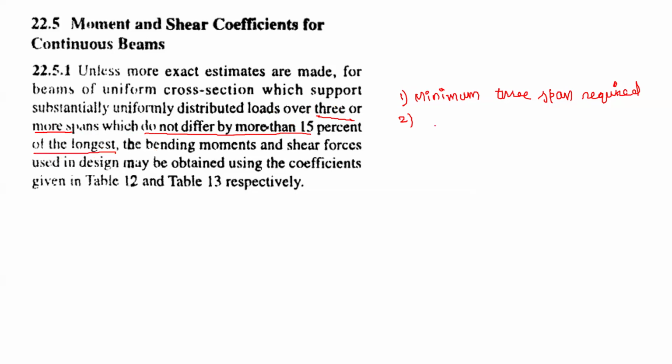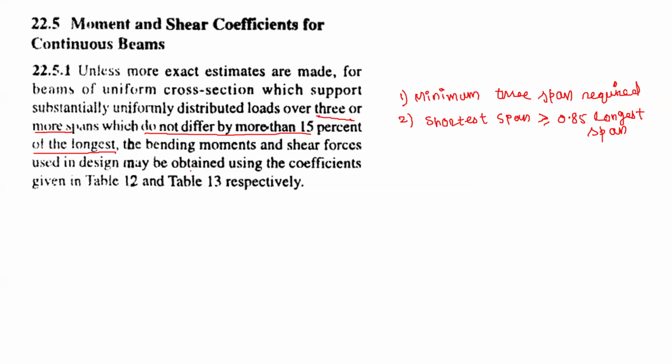That means the shortest span should be greater than or equal to 0.85 into the longest span. This is most important. So automatically all are within 15% of the longest.